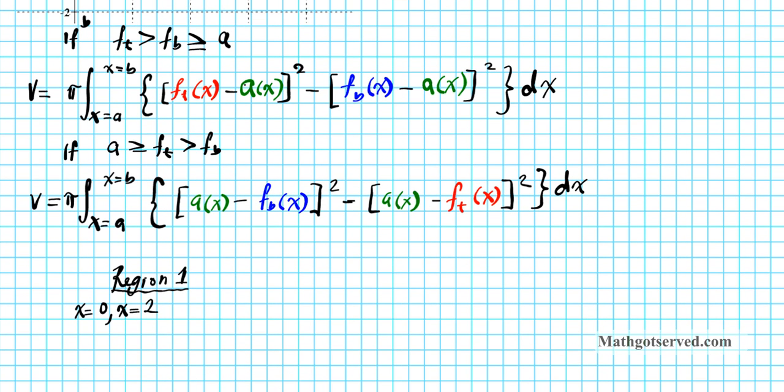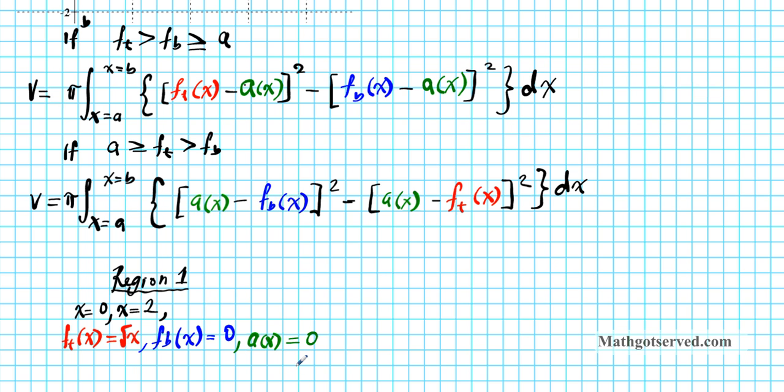All right, so we have the limits, and then we also need the function on the top. The function on the top in terms of x is our radical function, root x, and then the function at the bottom for region 1 in terms of x again is simply 0, that horizontal line y equals 0, and then the function for the axis of rotation, a of x, is also the x-axis, which is equal to 0.